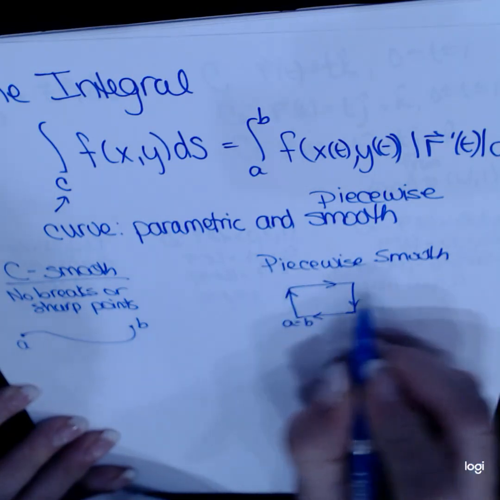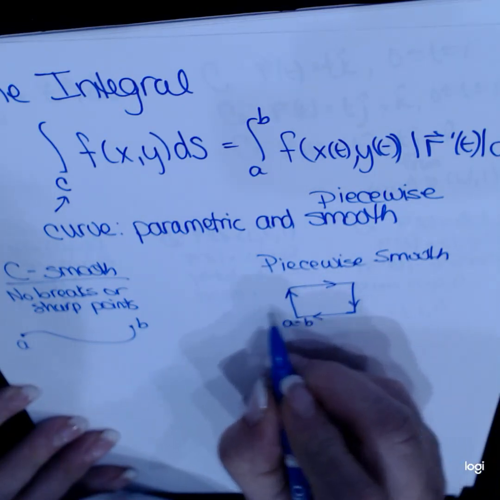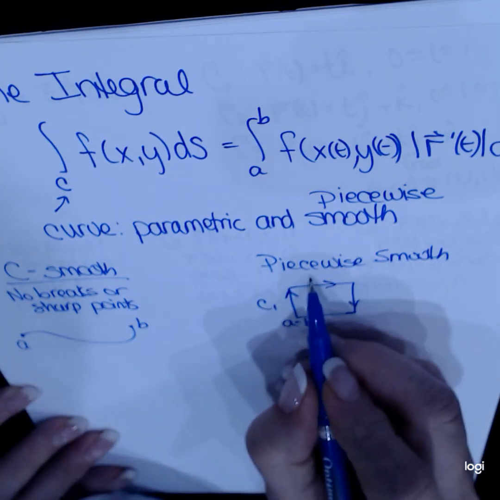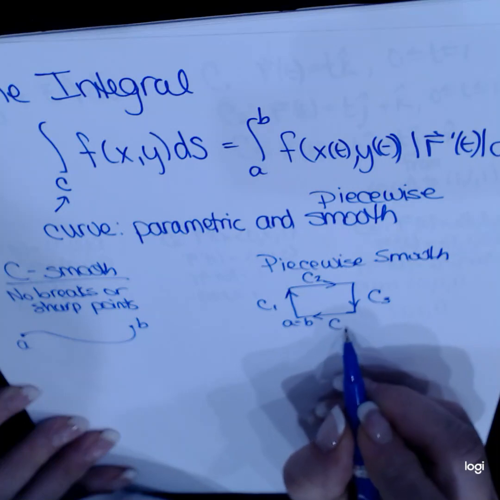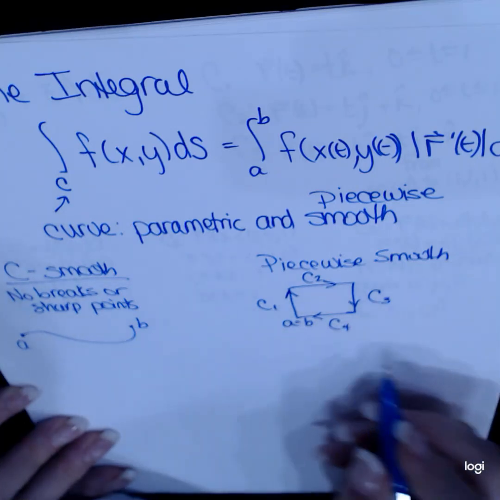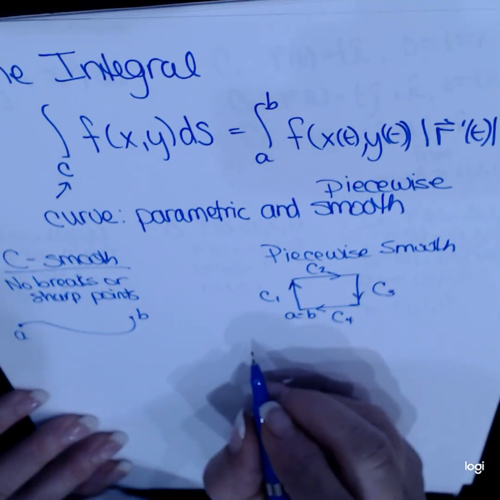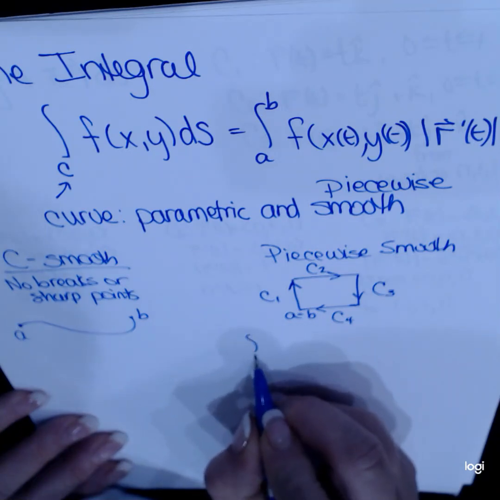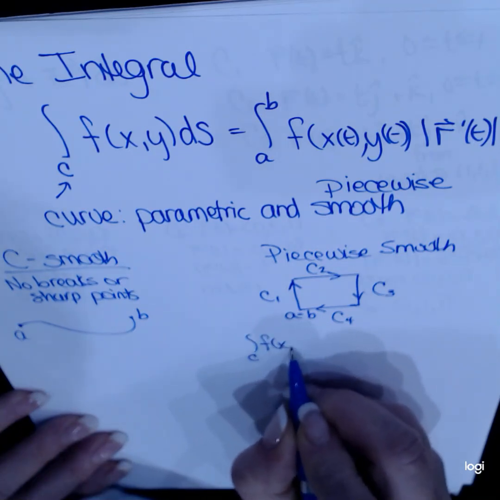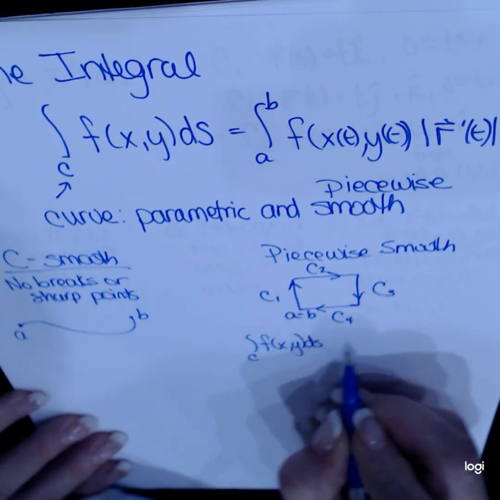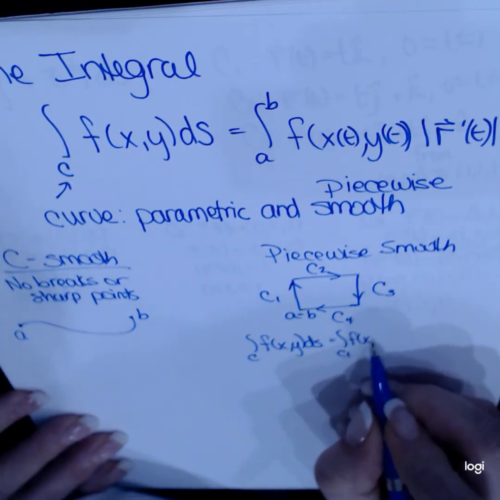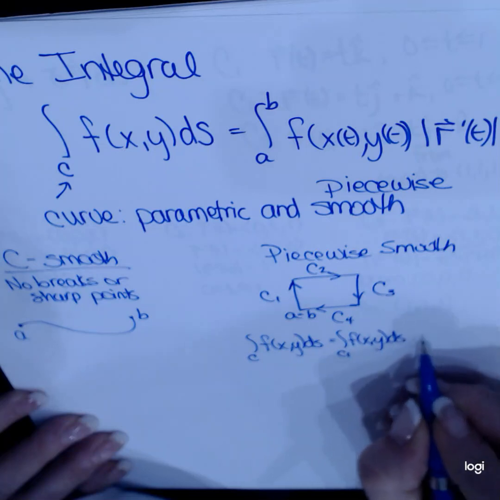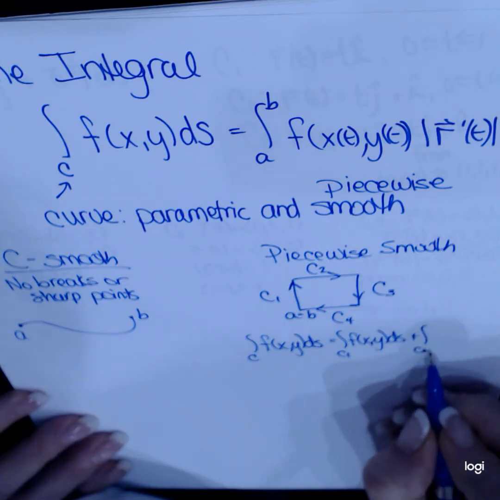However, if I break this up into sections, for example, calling this piece C1, this piece C2, this piece C3, and this piece C4, then what I have is a piecewise smooth curve. In this case, the overall line integral of the function will be the sum of each of the individual line integrals for the piecewise smooth sections.